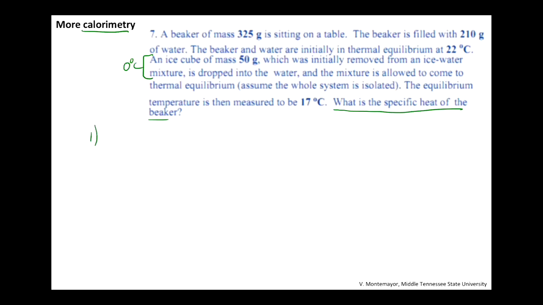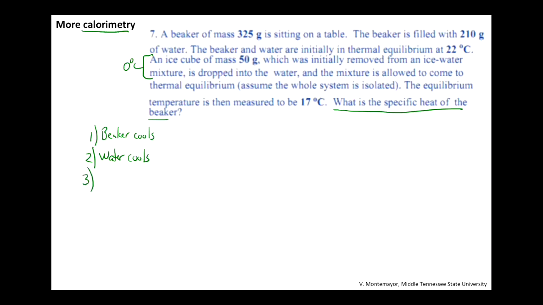So let's make a little list of these. First of all, we know that the beaker is going to cool. Once I put the ice in there at 0 degrees Celsius, well, that 22 degrees should come down. The beaker is going to cool. Number 2, the water that's there is also going to cool. It should drop in temperature as well.